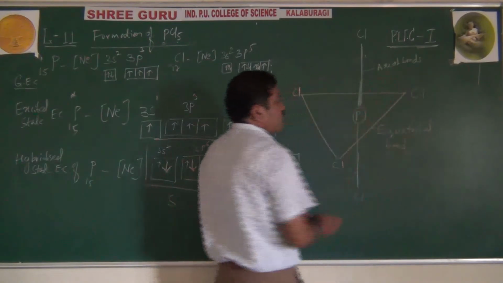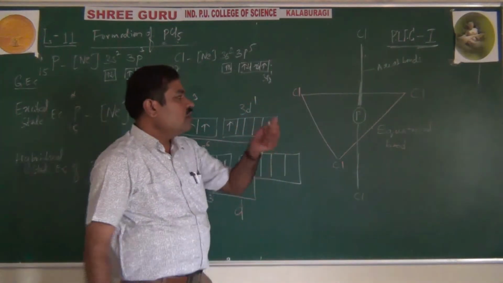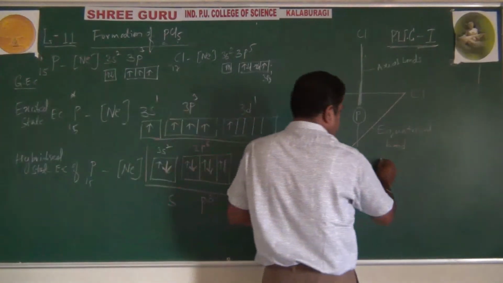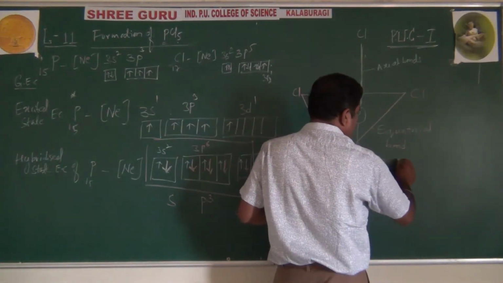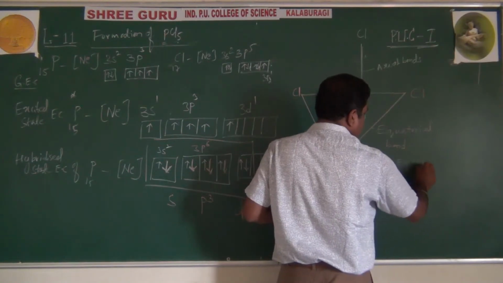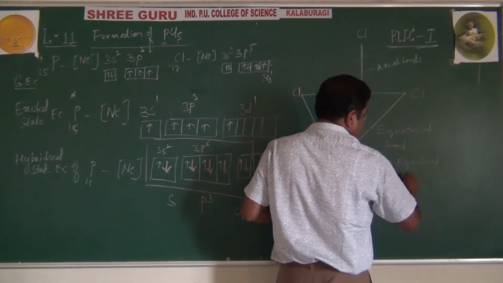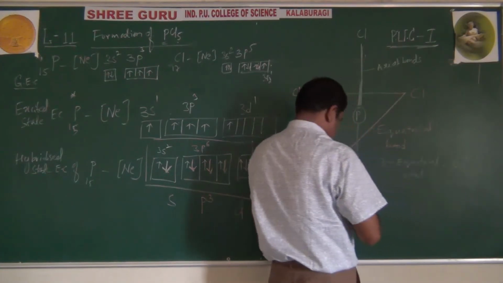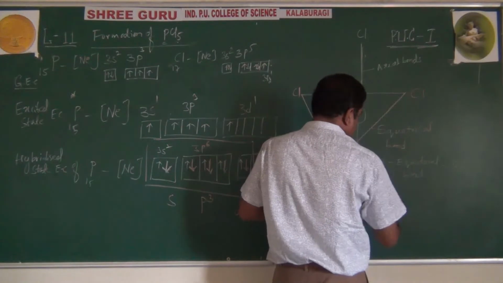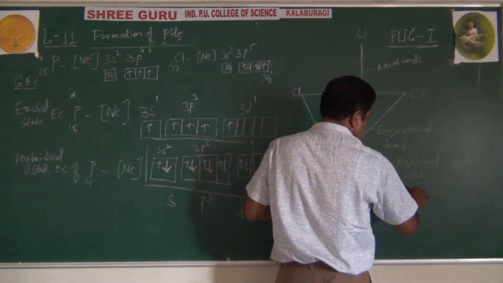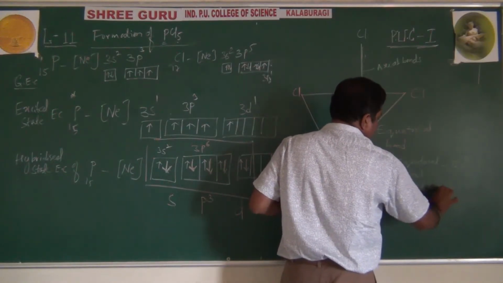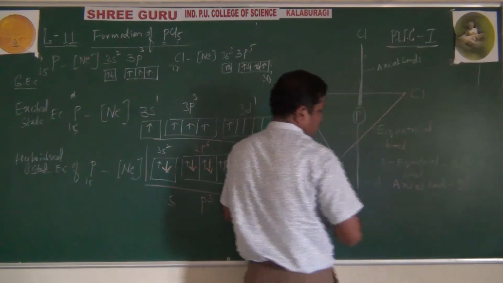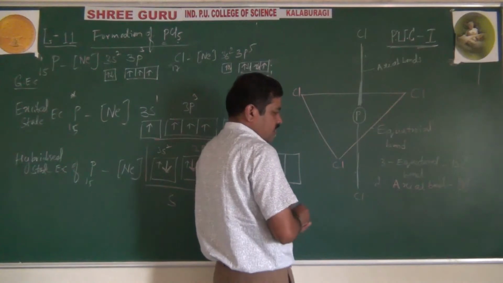See, axial bonds are longer than equatorial bonds, and here three equatorial bonds will make a bond angle of 120. And the two axial bonds will make a bond angle of 90 degrees. They are perpendicular to each other, a right angle.